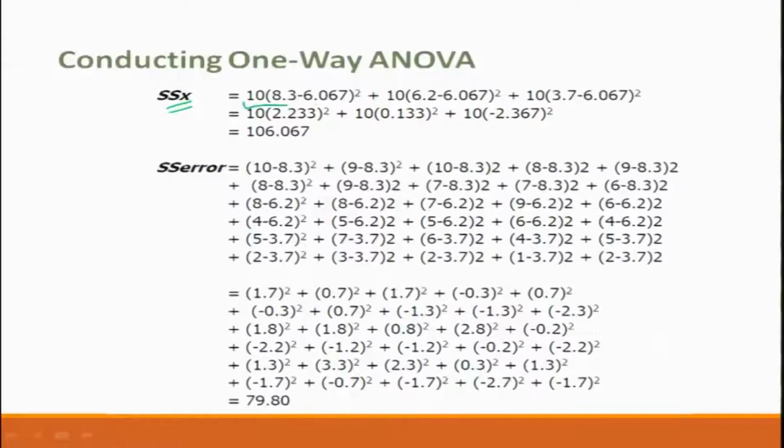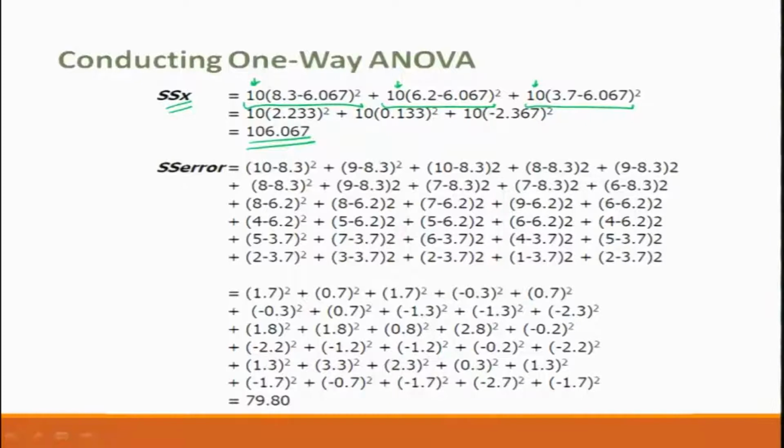We have only 3 categories, and the group sizes are 10, 10, 10. So, this value comes down to 106.067.